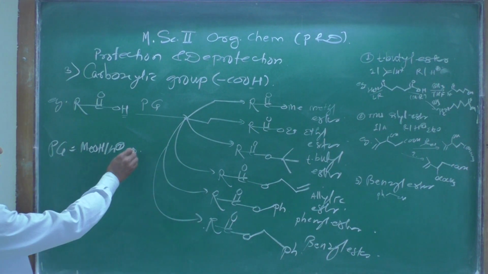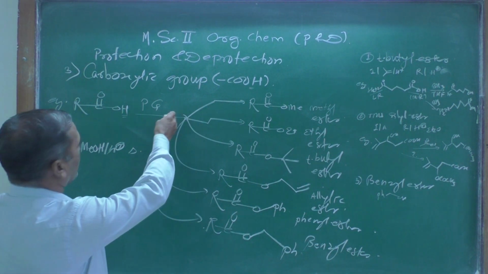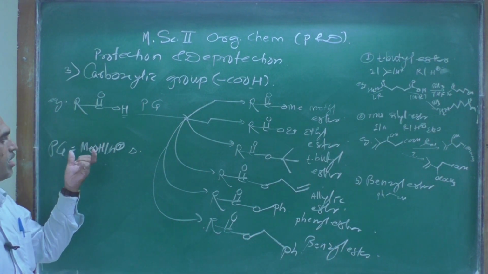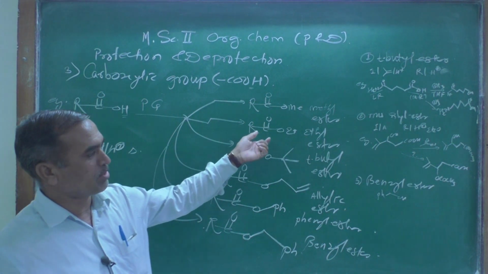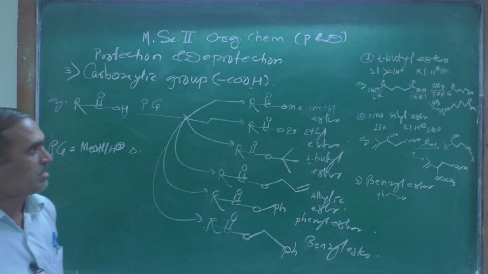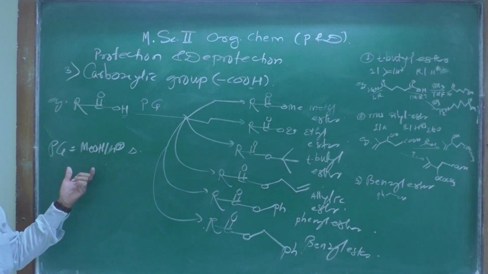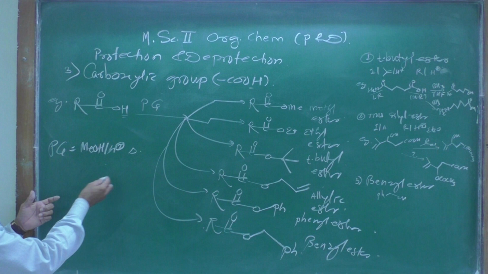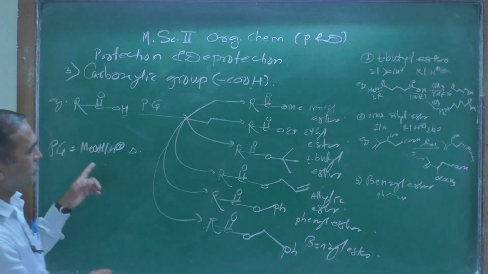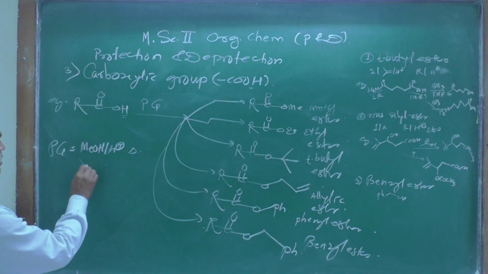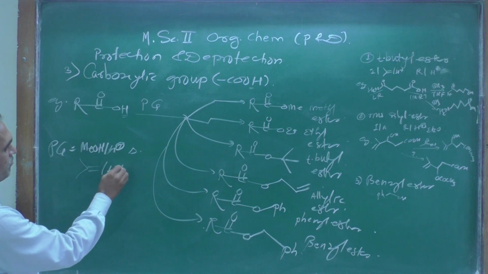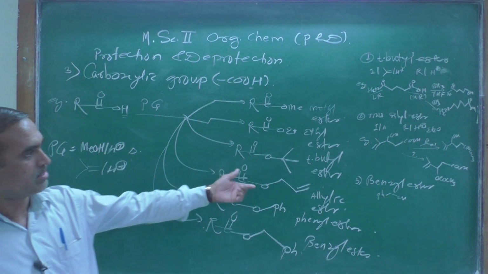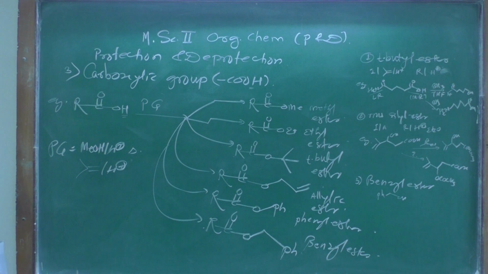Now instead of methyl, if you use ethyl alcohol with a catalytic amount of acid, you will get the ethyl ester. Similarly, if you use this type of compound, suppose this one, in the presence of H plus, you will get a tertiary butyl ester.